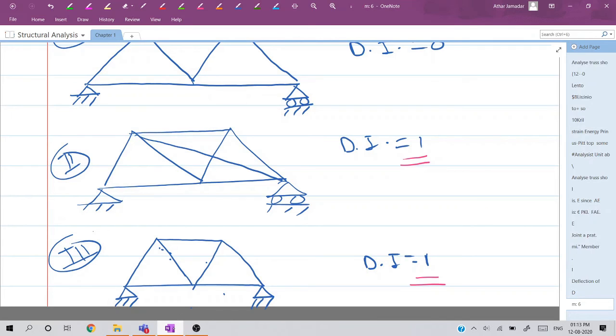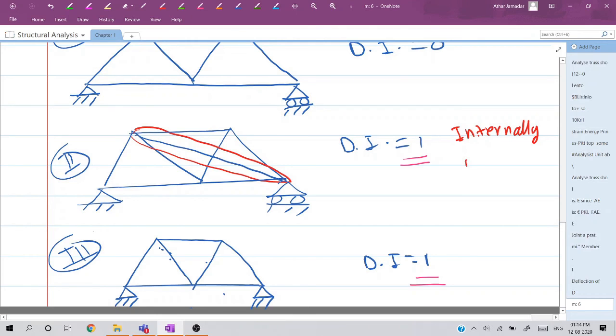Remember, now let us talk about example number 2 here. Here our truss is indeterminate due to the presence of one extra member. In case number 2, this truss is indeterminate due to the presence of one extra diagonal member, which is an internal member. So here we will say this truss is internally indeterminate.